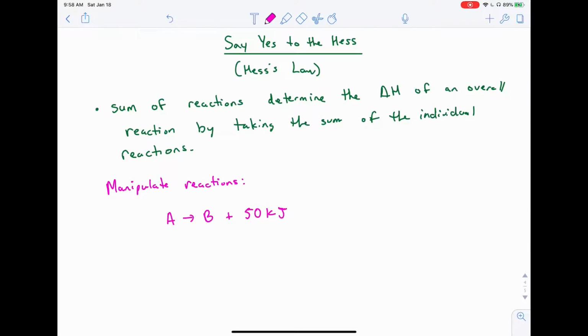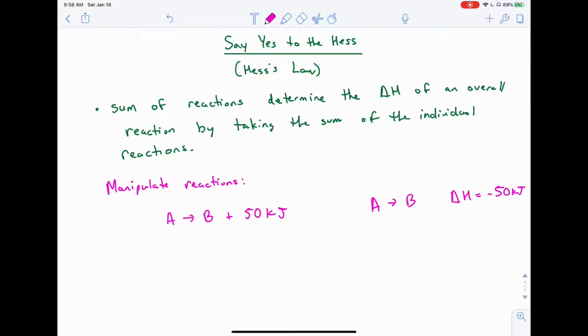That's the same thing as saying A yields B, delta H is equal to negative 50 kilojoules. Those two things mean the same thing because heat is being produced and it's exothermic. So if the heat is on the right of the reaction, that means the reactants are releasing that heat as a product. So exothermic in both these scenarios.